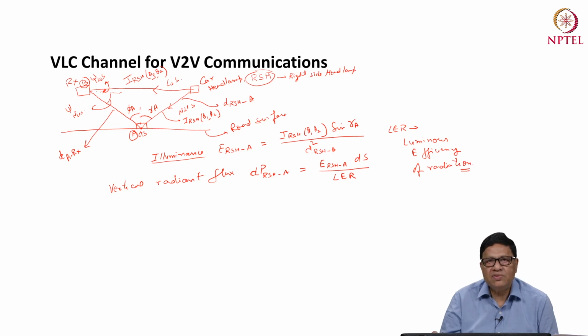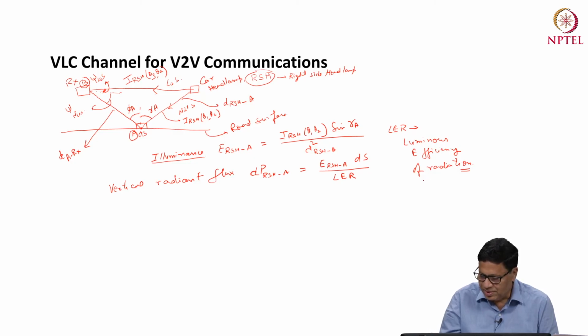So normally the LEDs which are used in the cars are phosphorus coated LEDs, and actually the LED is emitting blue light, but it is phosphorus coated, so it has yellow light. So when they mix up, it gives you white light. So that is a normal LED which is used in the car. And they have a certain LER value.